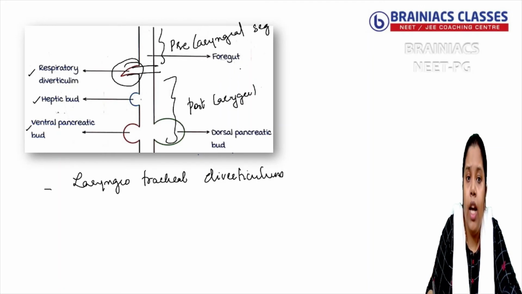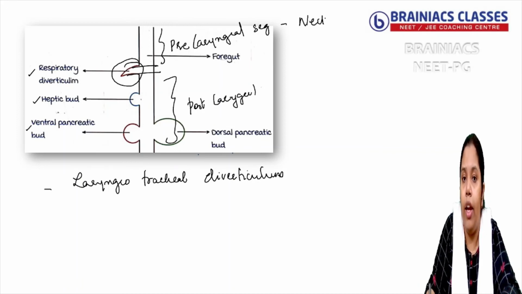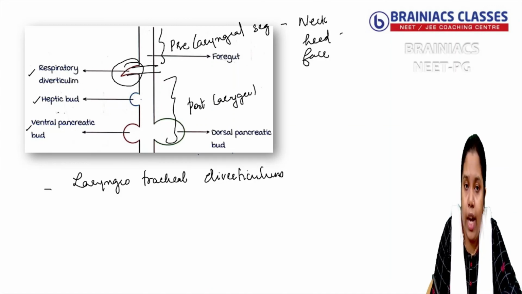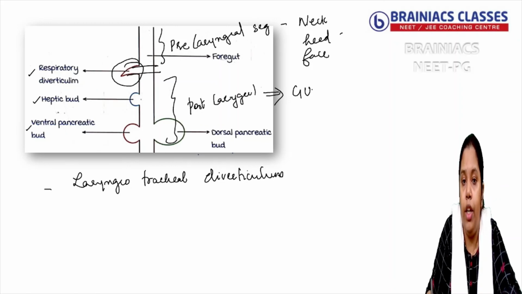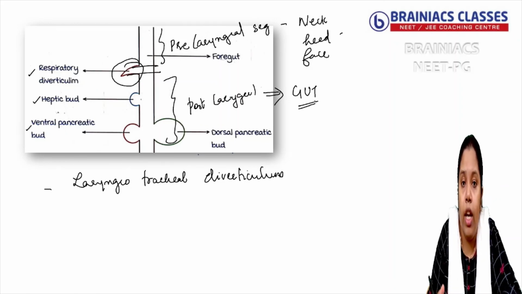Understand? The pre-laryngeal segment will give rise to the structures in the head, neck and face, whereas the post-laryngeal segment forms the gut, the digestive organs and the associated glands.